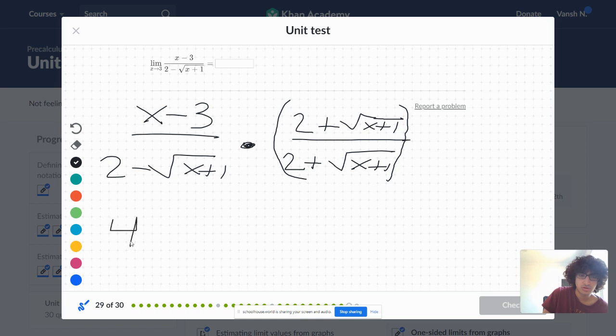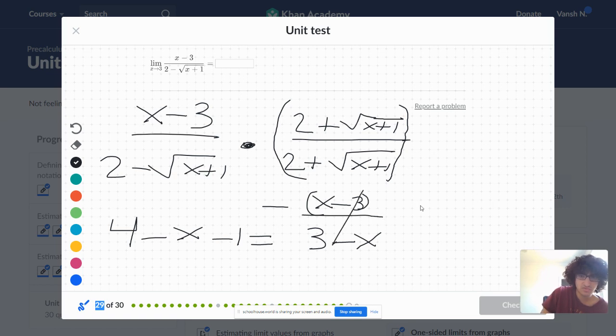So 4 minus x minus 1. So -1 times x minus 3 is 3 minus x. Okay, so I put a negative there, and then this cancels.